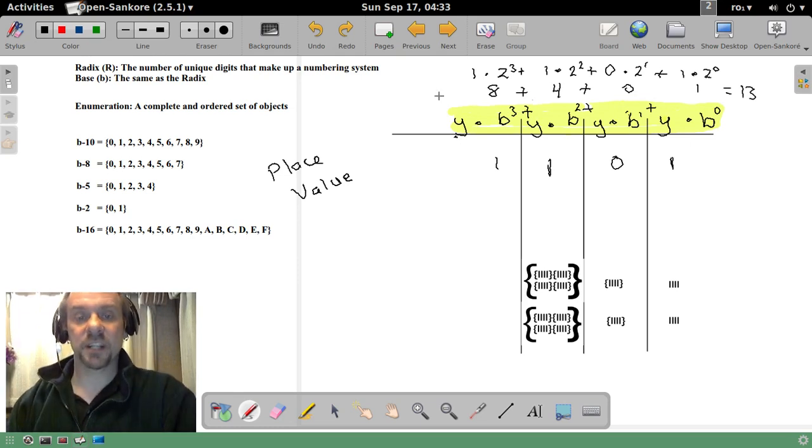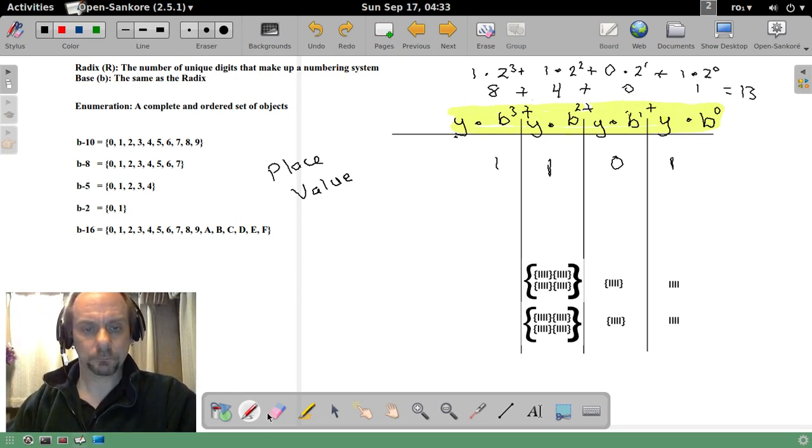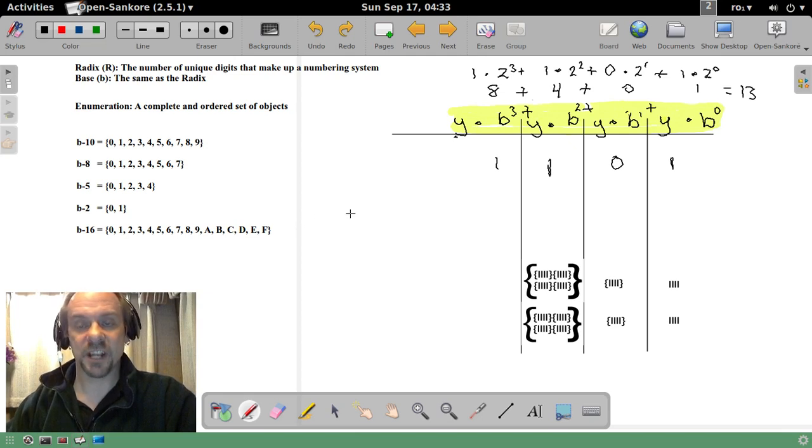Okay, so we can see that expanded form allows us to convert this back into its decimal equivalent. Now I want to look at addition and subtraction and how counting applies to them.